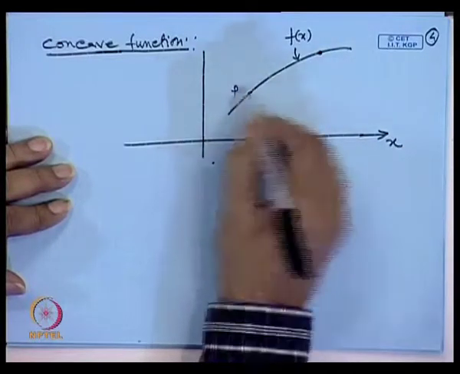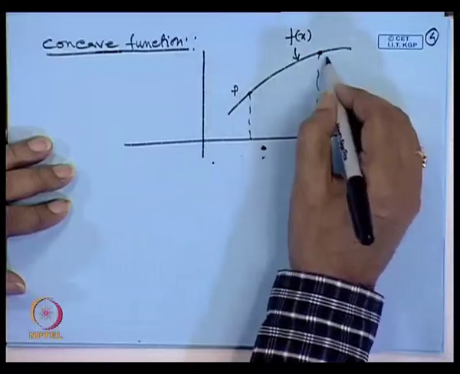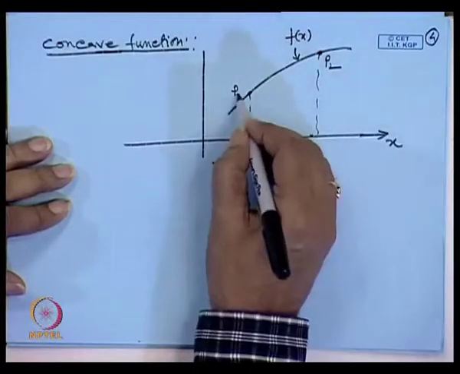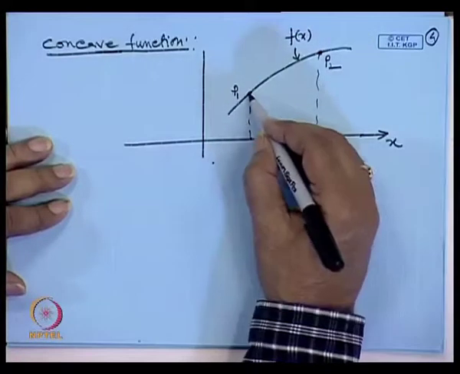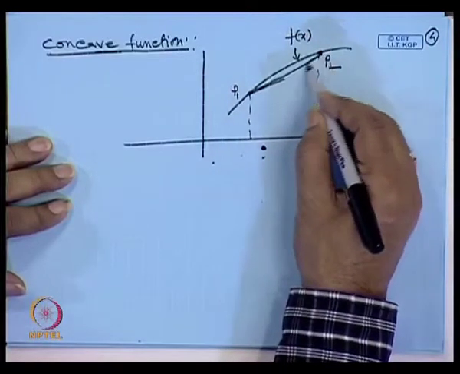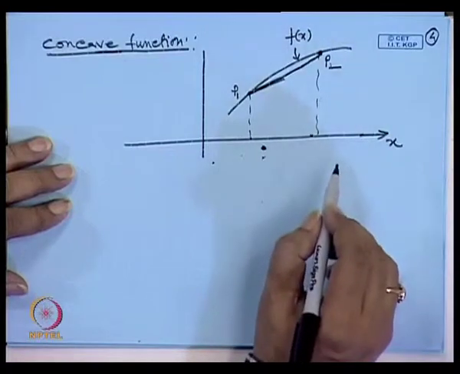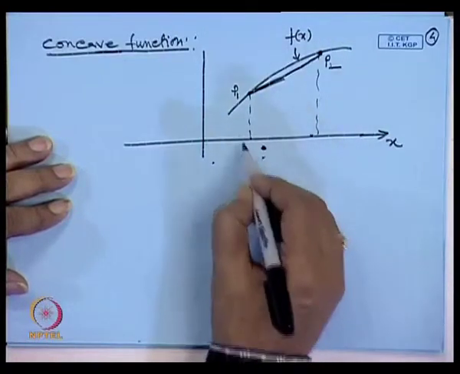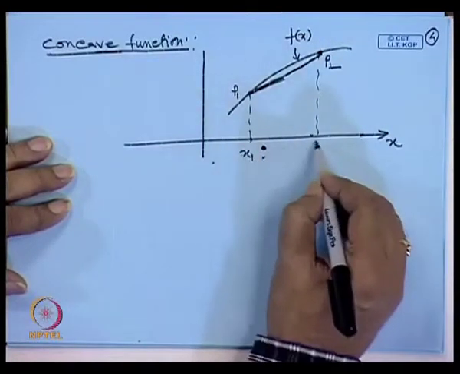So, this point is P1 and this point is P2. Draw a chord between these 2 points. Agree? This is x1 and this is x2.